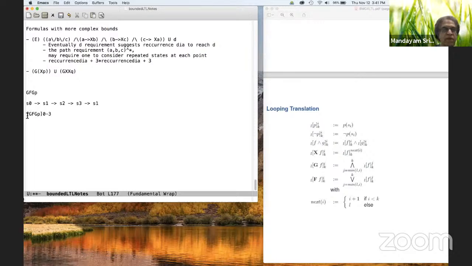And here the looping path is to S1, so say it's 1. So we start with this. What is this equal to?